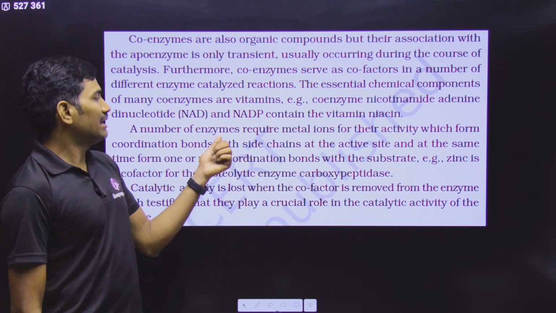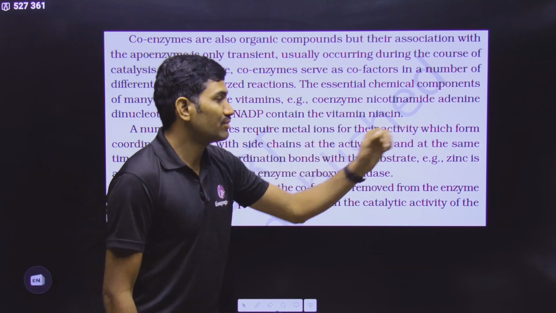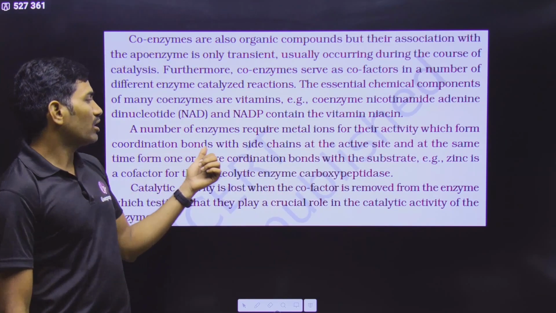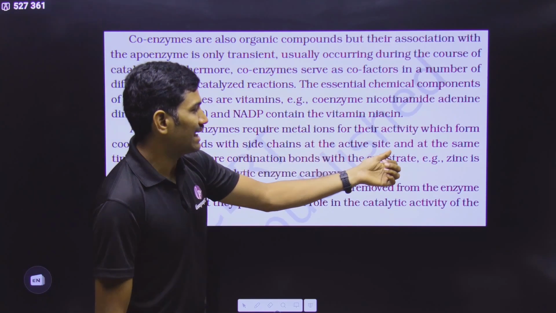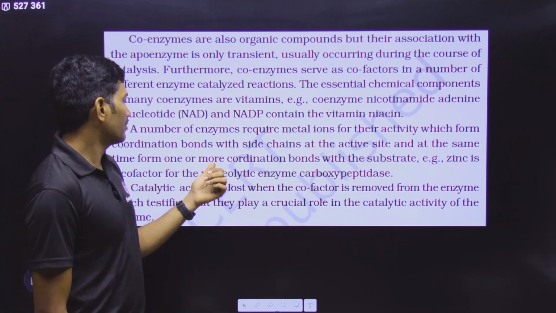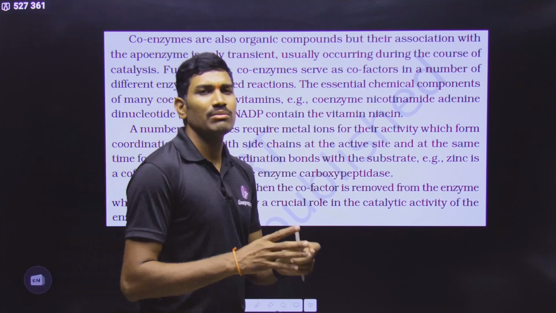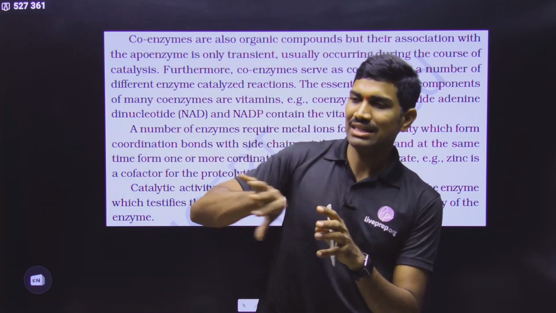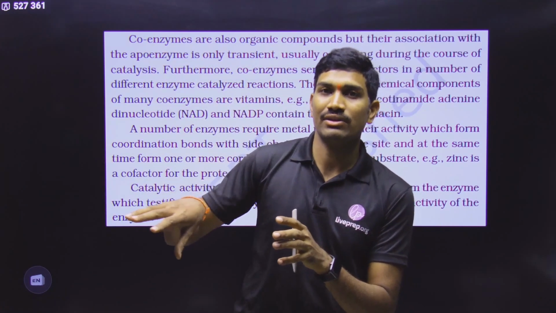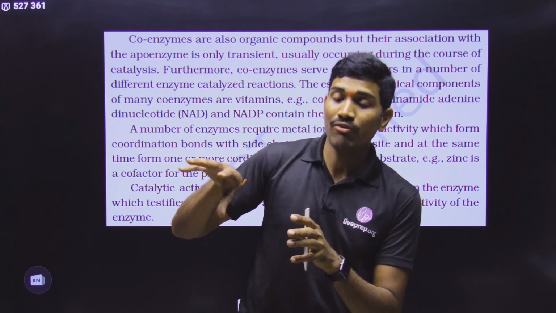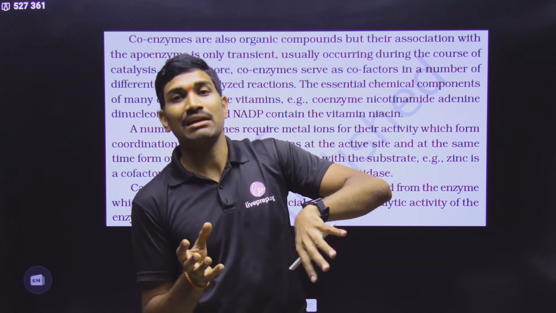Next one. A number of enzymes require metal ions for their activity, which form coordination bonds with side chains at the active site, and at the same time form one or more coordination bonds with the substrate. So some metal ions, on one side they are interacting with the active site of the enzyme, and on the other side they are interacting with the substrate.